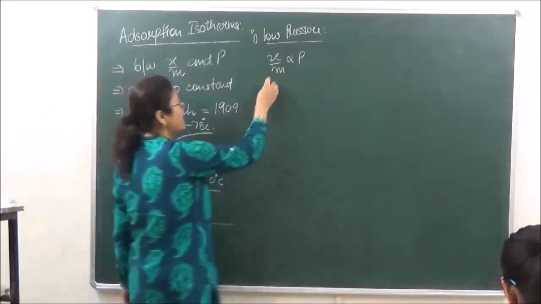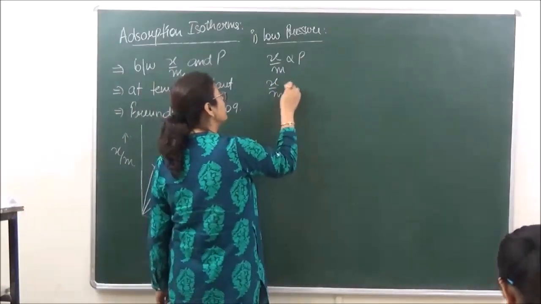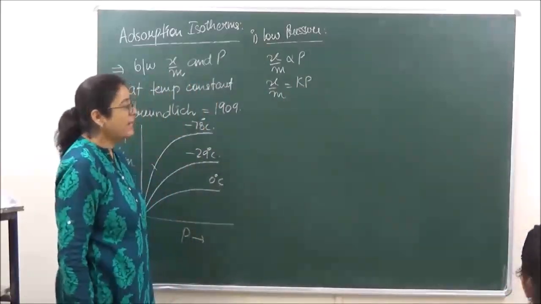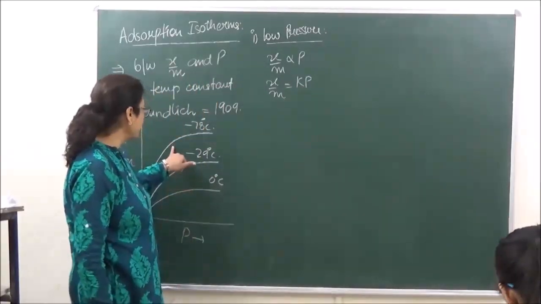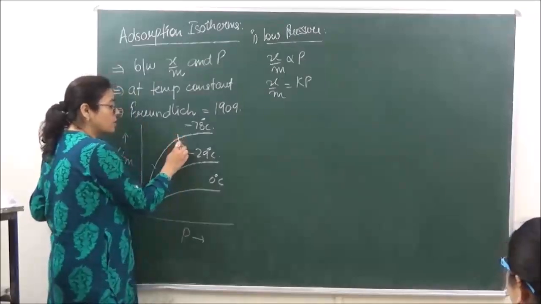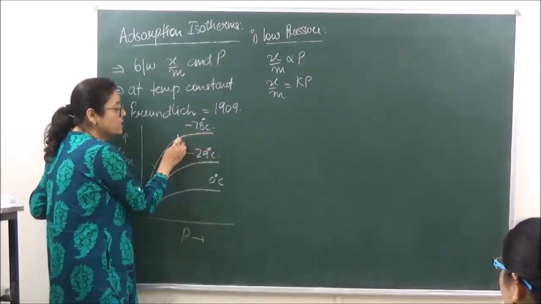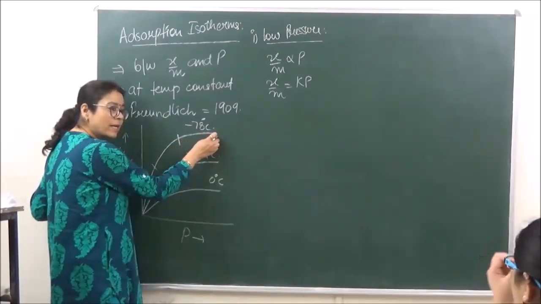Or we say that x upon m is equal to Kp, right? When we are looking at high pressure, let's say this is the curve at high pressure. So you can see that it is almost coming as a straight line.